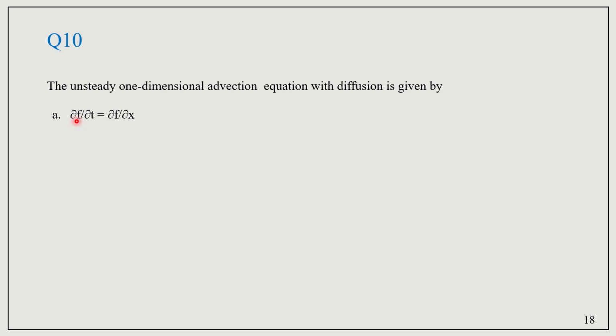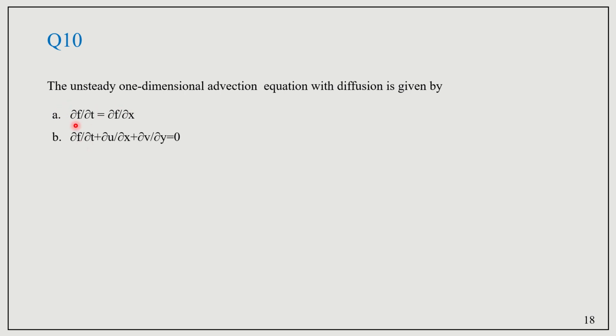This system is unsteady because the parameter is varying with respect to time, and it has an advection term as well, dou f by dou x, but it doesn't have the diffusion component. So this statement is false. This equation is not exactly replicating what is given in the statement. So A is false.